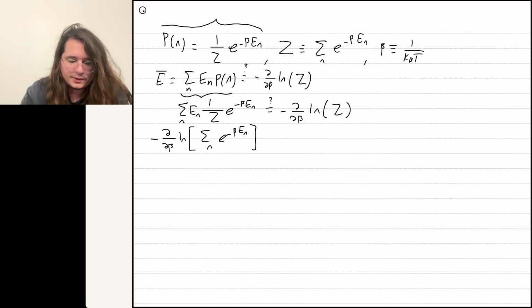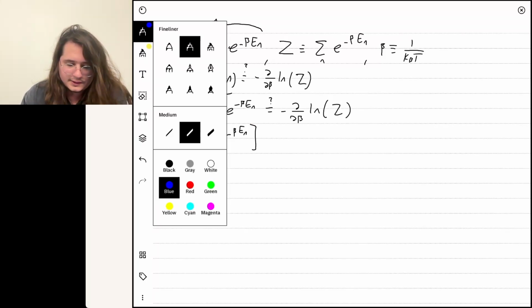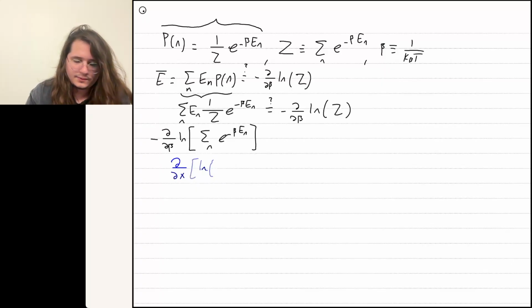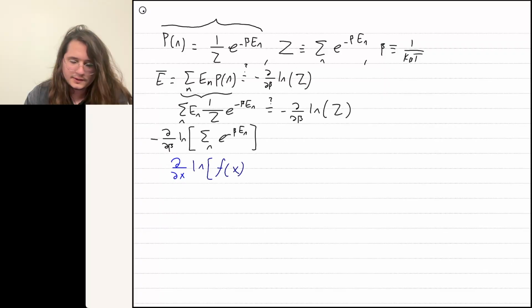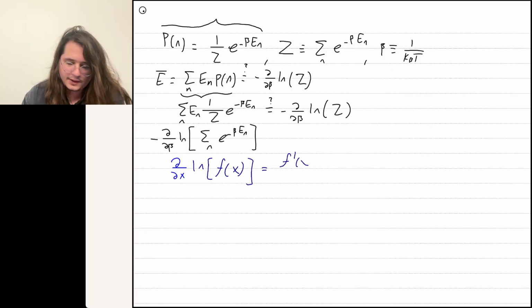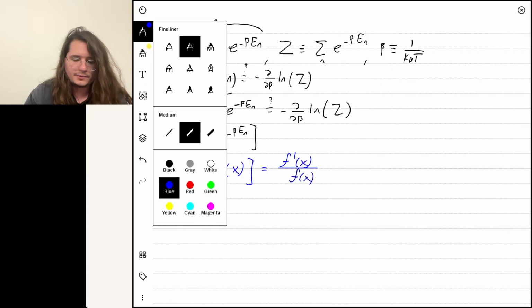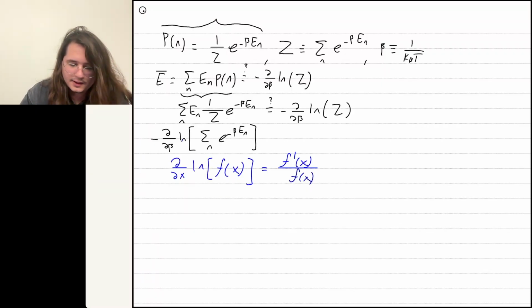Now, the derivatives of natural logs, d/dx of natural log of f of x, tend to go like f prime of x divided by f of x. You probably learned that in Calculus 1, but gentle reminder because natural logs are weird.